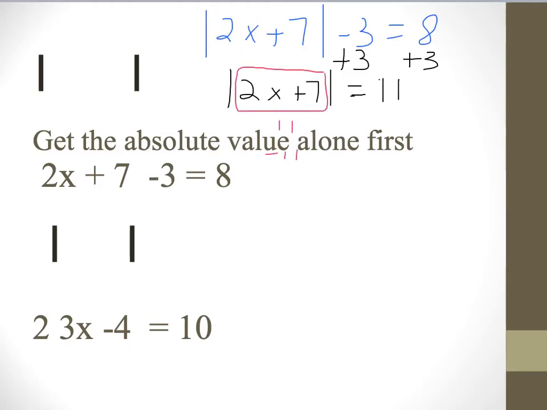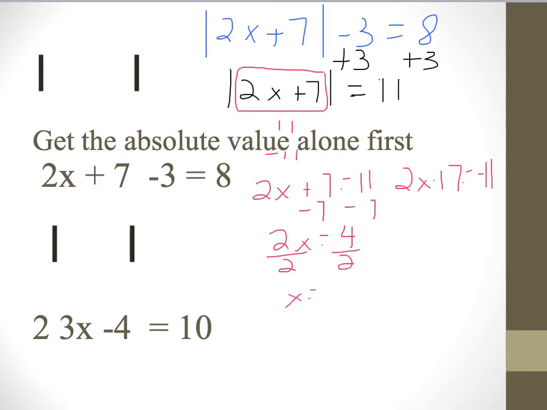Because when we take the absolute value, it becomes 11. So my two equations are 2x plus 7 equals 11, and 2x plus 7 equals -11. Solve for x on both. 2x is going to be equal to 4.